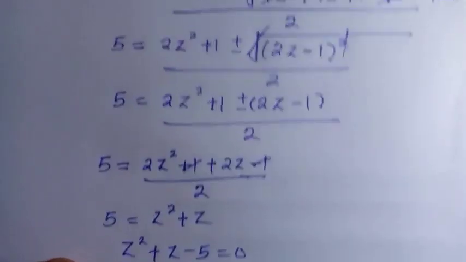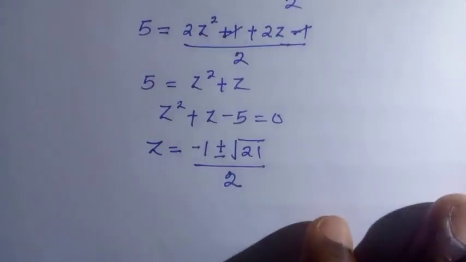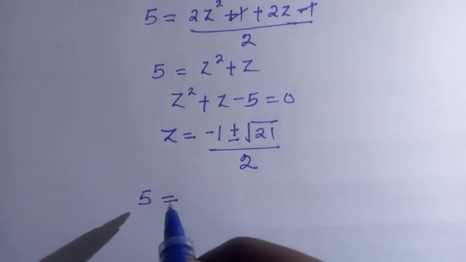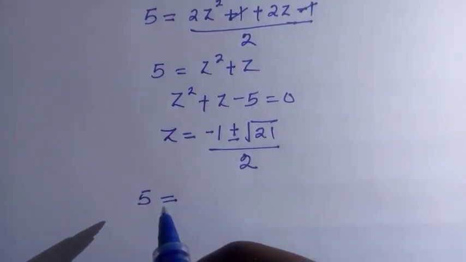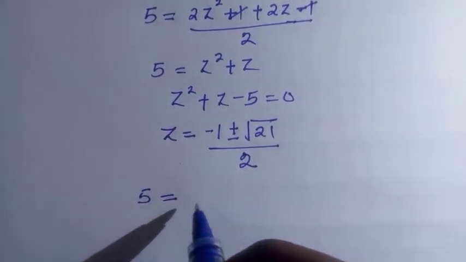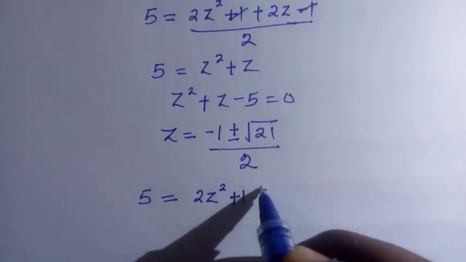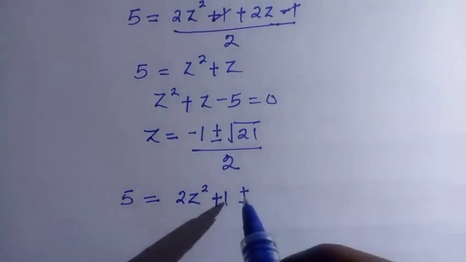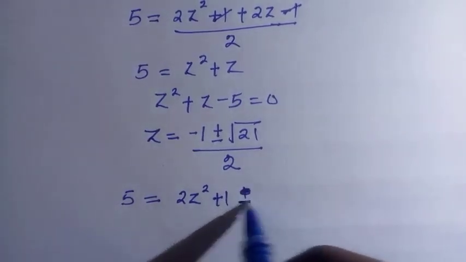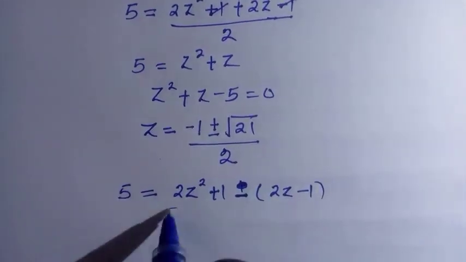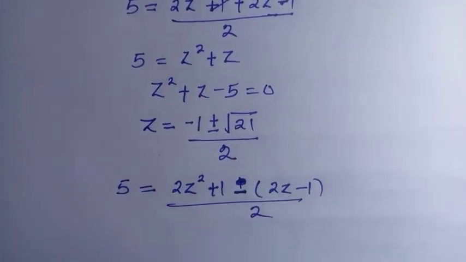And for the other part, which is negative, we are going to have 5 equals 2z² + 1 plus or minus, so we are dealing with negative now, bracket 2z minus 1, divided by 2.